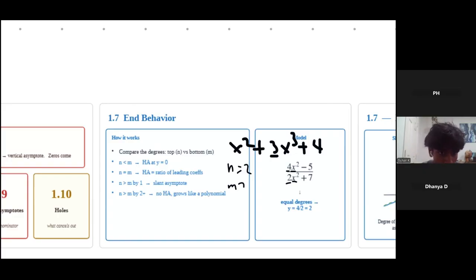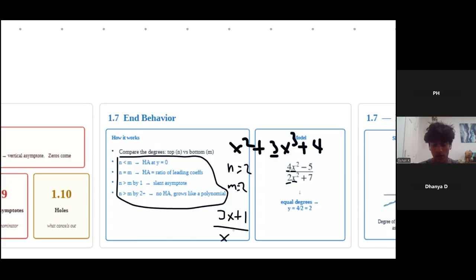If you look at this chart right here, it tells you what type of graph we're going to have depending on the values of n and m. If n, the top degree, is less than m, the bottom degree, then your horizontal asymptote is always going to be at y equals 0. An example of that would be (3x plus 1) over (x squared minus 1).